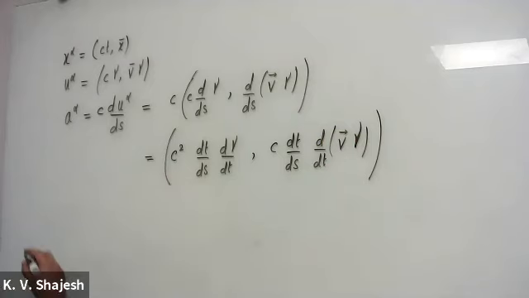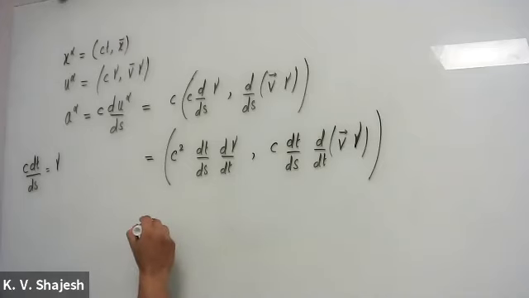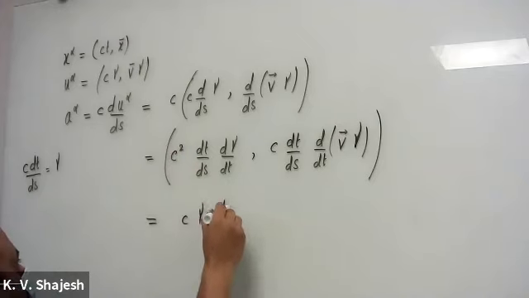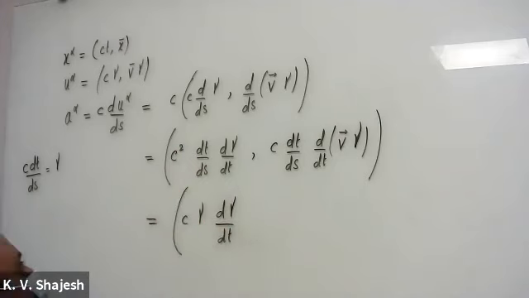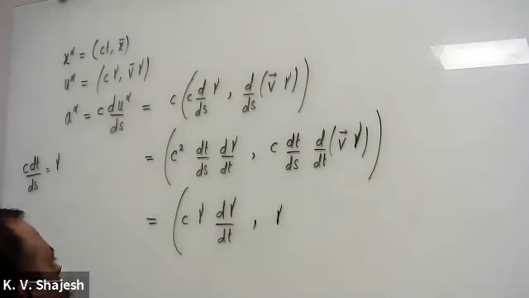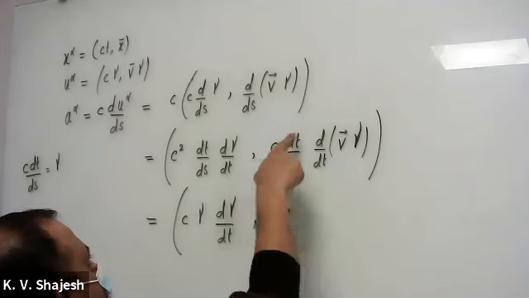Remember c times dt over ds was gamma. That was something that we saw earlier. So that's a gamma now. So this is c times gamma times time derivative of gamma, and this has been collected.